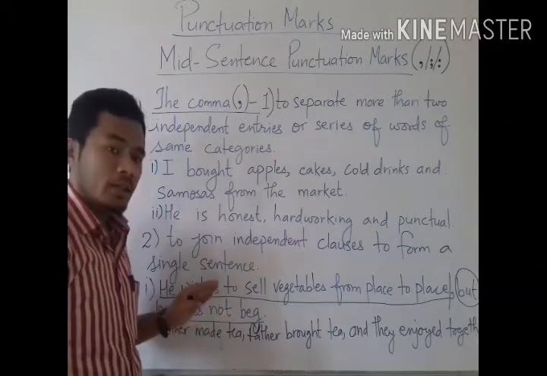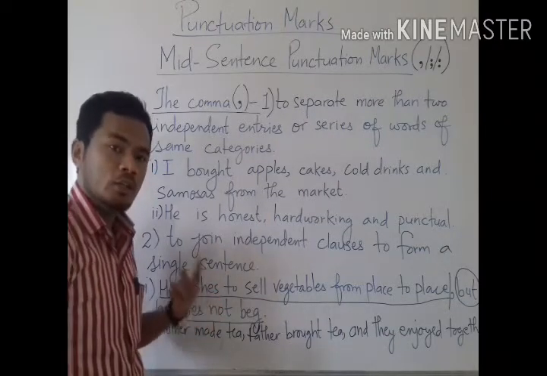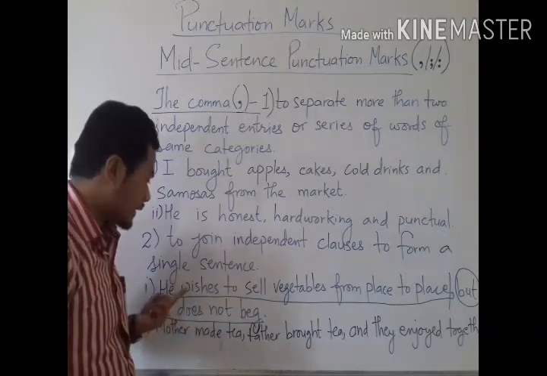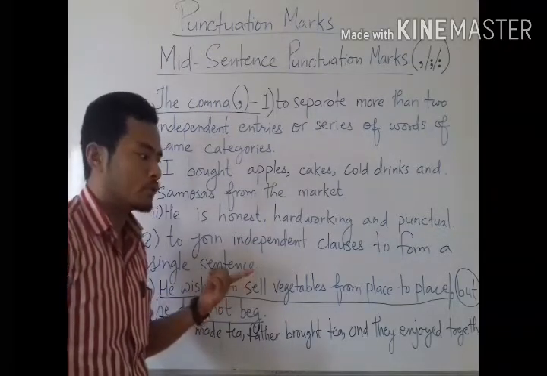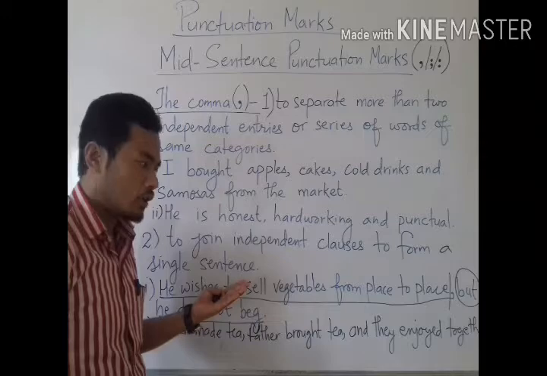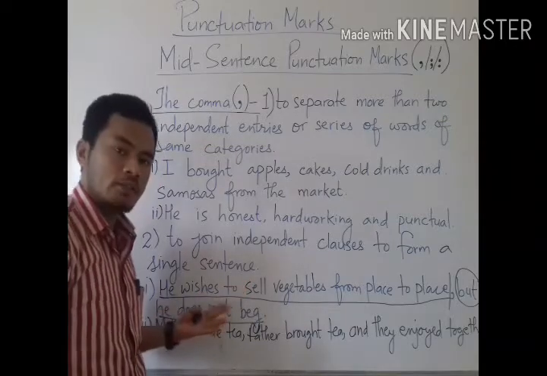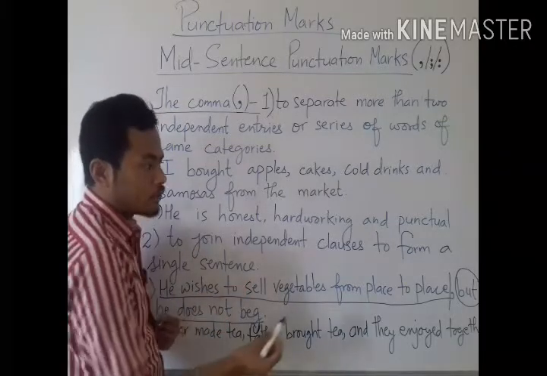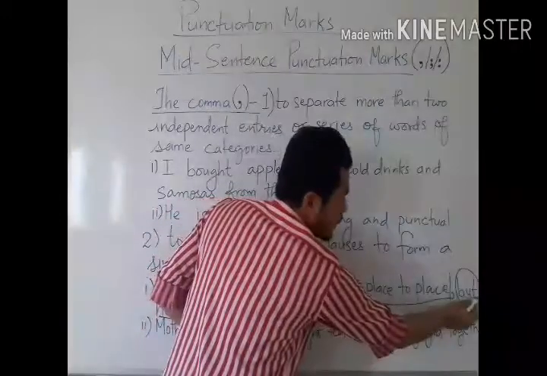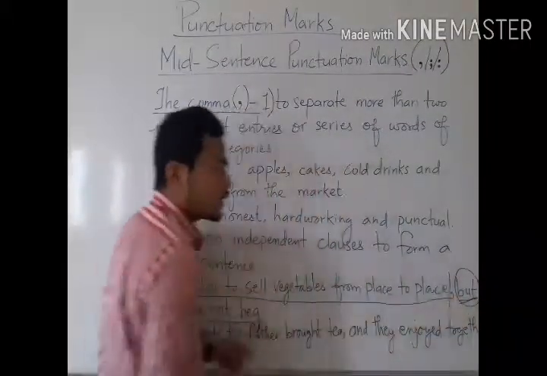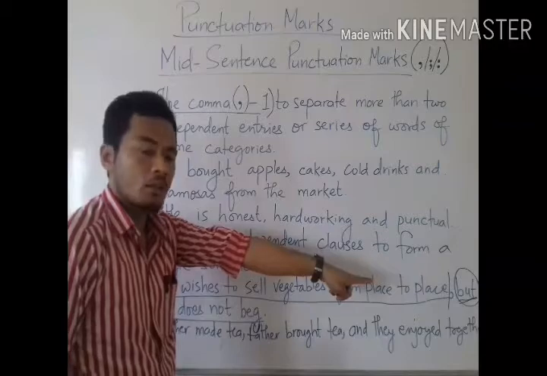So here the sentence is made by two independent clauses. Like, he wishes to sell vegetables from place to place, this is the first independent clause, and he does not beg, this is also an independent clause, and it is joined by using the conjunction but. Before but also I have used comma. Okay.